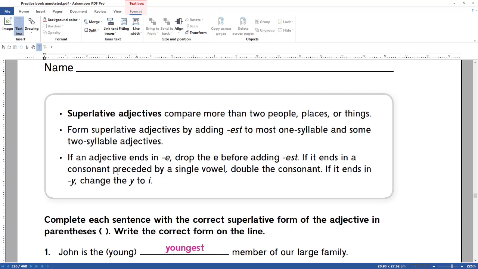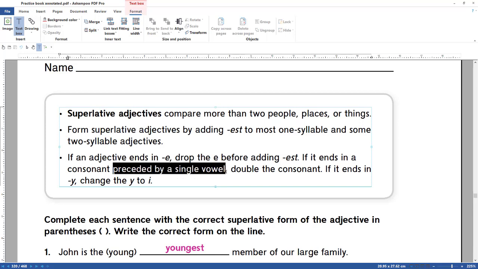But take care, guys, not all the adjectives that end with a consonant should be duplicated. No, you have to take care that it should be preceded by a single vowel. Must check the letter before it. If you find a vowel, in this case double the consonant, then add est.